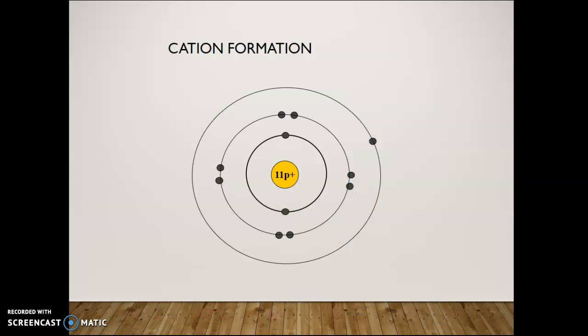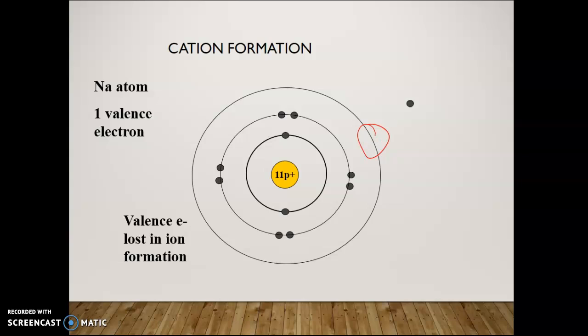So cation formation works like this. I have that 1 valence electron. Notice here I've got just 1 valence electron out there in the outer shell. So this is an atom of sodium. That valence electron is lost. Now, I don't want to say that it vanishes. That electron is going to be picked up elsewhere in the universe. But I want you to think about it in terms of this, that I am now losing that outer shell.